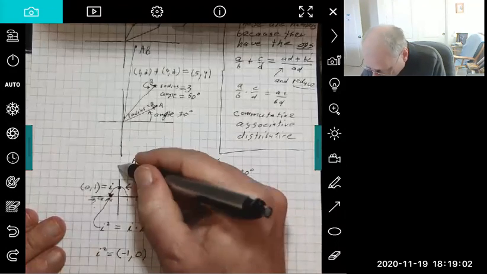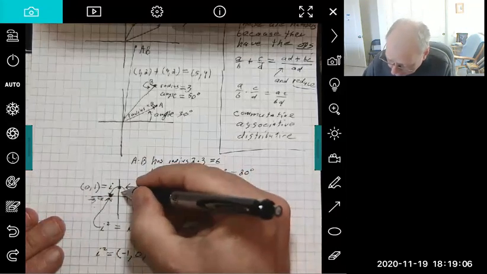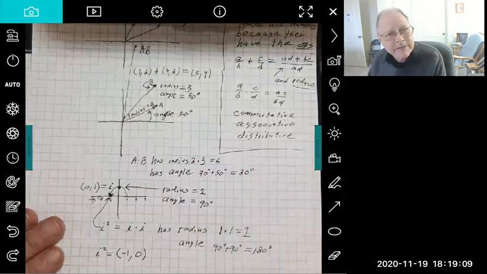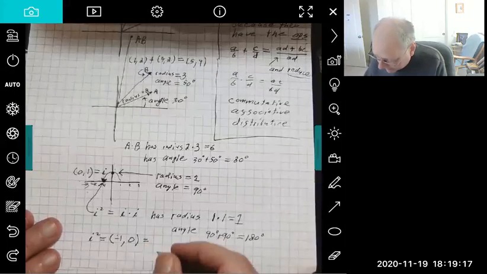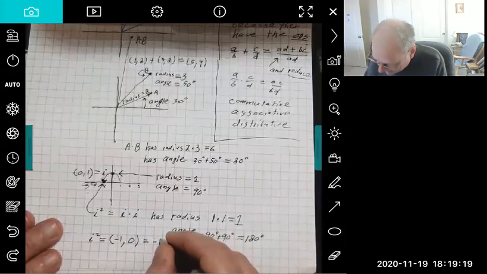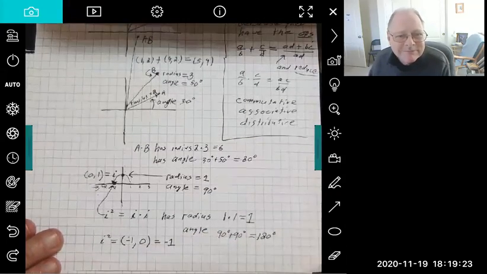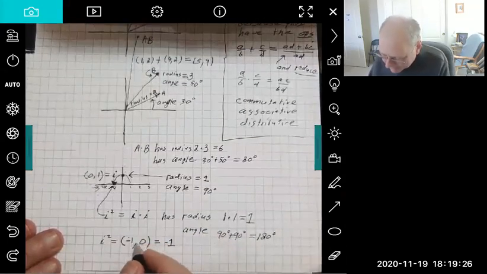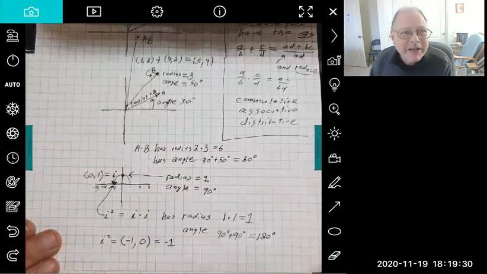And then you've got another copy of the line going vertically, and those are all your sort of pure imaginary numbers. So this pair, -1, 0, it's the real number -1.